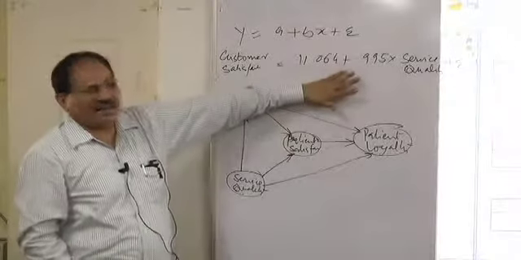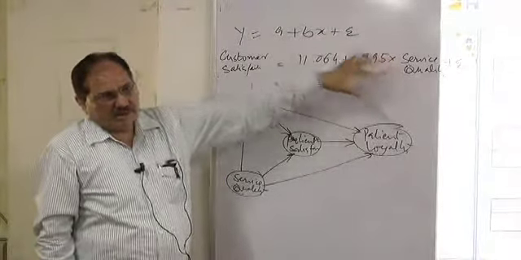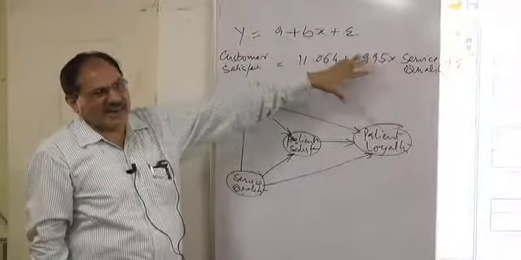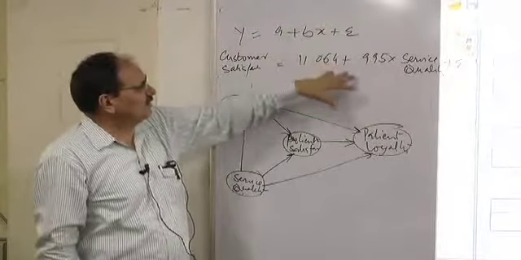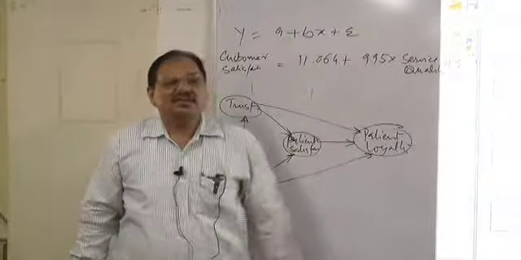Okay, this would be the regression line. The predicted regression line will be 11.064 plus 0.995 multiplied by service quality plus sigma.